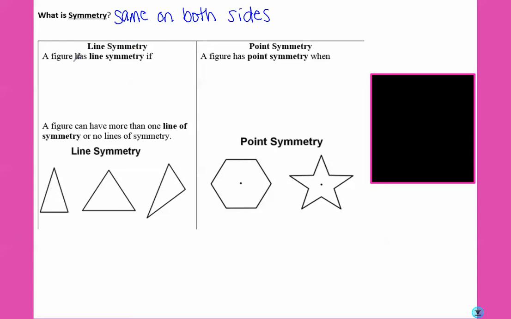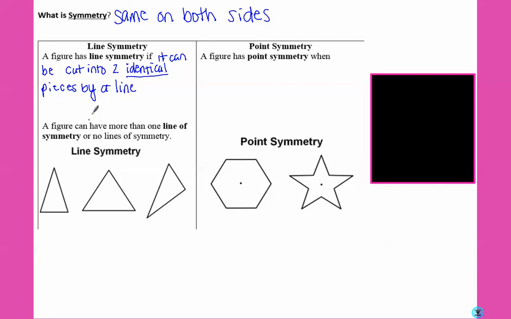Line symmetry: a figure has line symmetry if it can be cut into two identical pieces by a line. A figure can have more than one line of symmetry or no lines of symmetry at all.